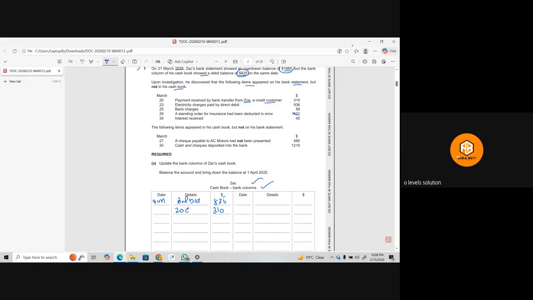And then we have electricity charges paid by direct debit. It means that these electricity charges are automatically deducted from our bank account, and that is why we did not record it. So since this is a payment, 936, we will write it here.